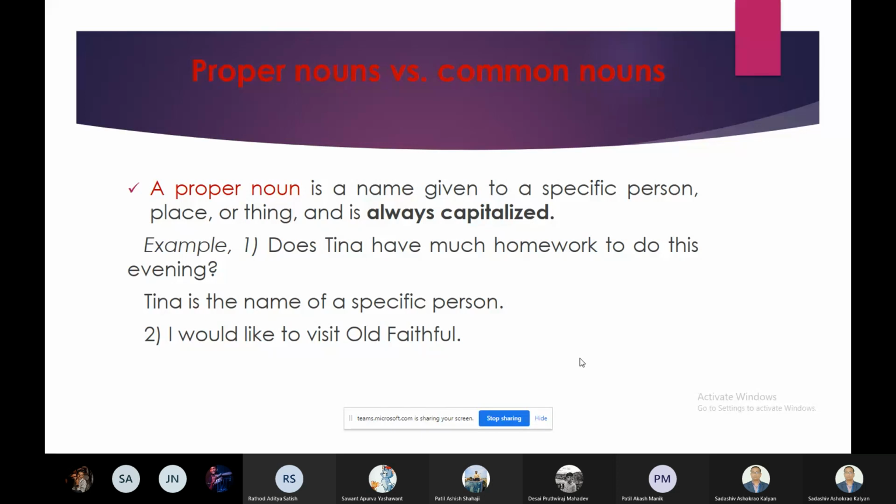Again, in our second example, we found the Old Faithful. It is also the specific name of a place. It is an imaginary place that is used in literature. So this is the name of a person and this is the name of a place.